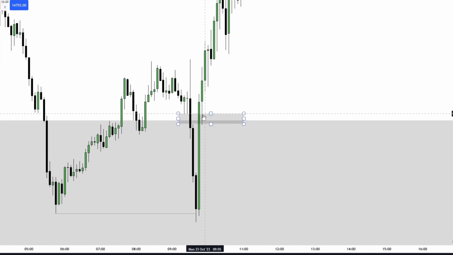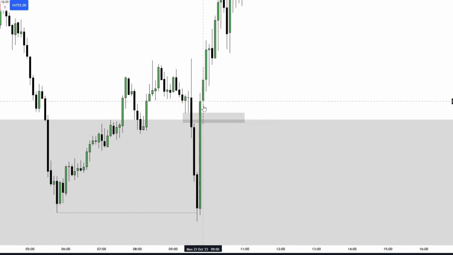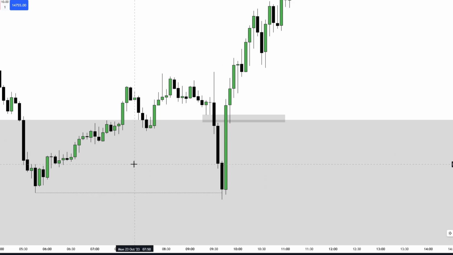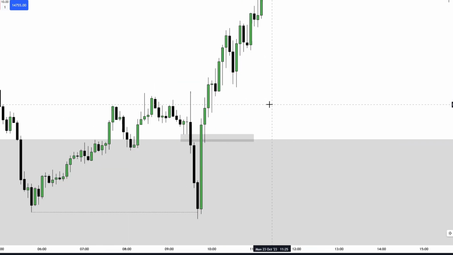Preferably when I trade inversion fair value gaps, I would like there to only be a single fair value gap. But sometimes with a clear drawn liquidity and strong enough displacement, I will enter even though there's multiple gaps, because I'm so certain that we're going to go higher.